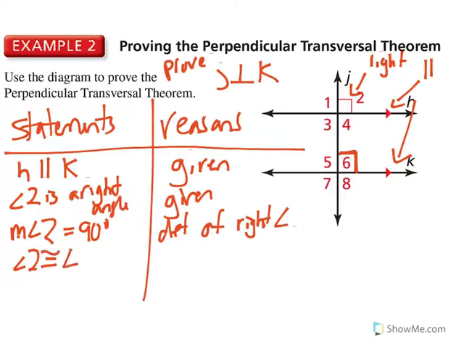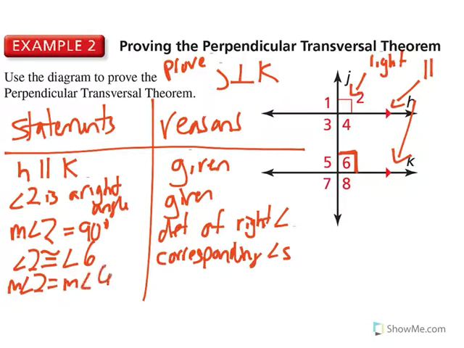So angle 2 is congruent with angle 6 based on corresponding angles. So if measure angle 2 is 90 degrees, then that would mean we know, first off, if they're congruent, we know the measures are equal. So congruency means measures are equal. That's definition of congruence, or congruent angles.